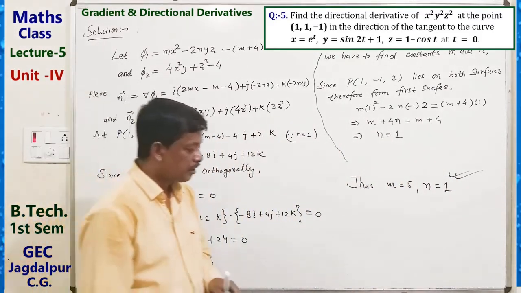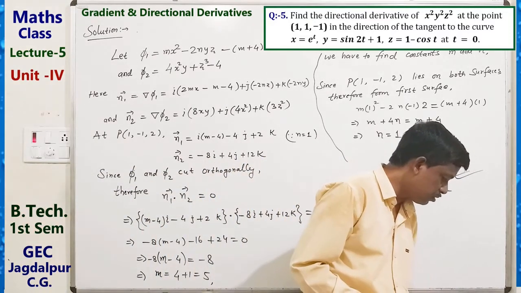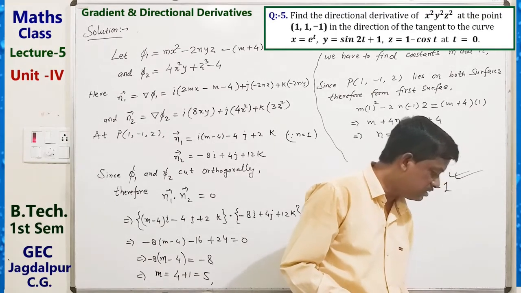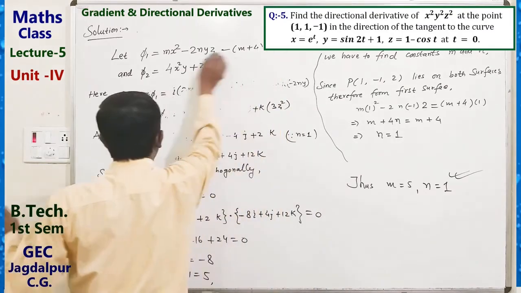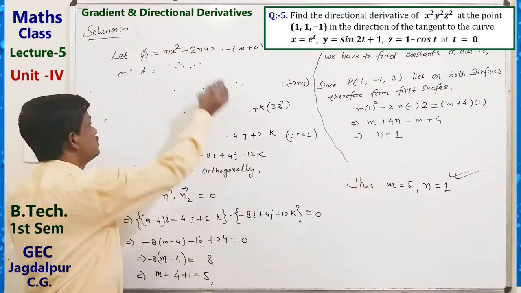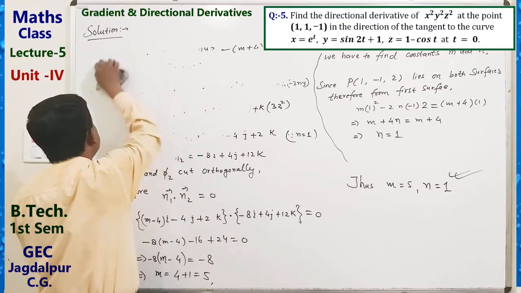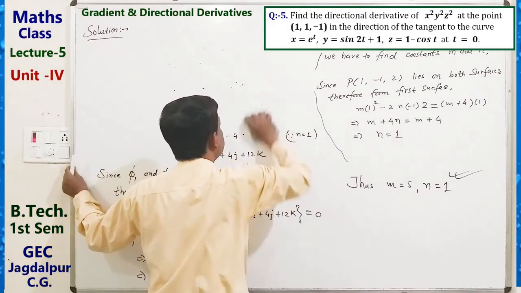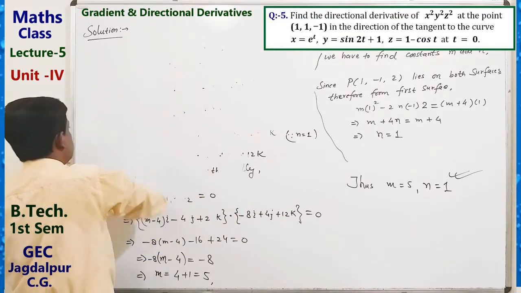Find the directional derivative of x square y square z square at the point 1, 1, minus 1 in the direction of the tangent to the curve. In the direction of the tangent, what is tangent? We know tangent line dr. So here curve is given in the parametric form, that is here t. The values of x, y, z depend on t. So tangent vector will be dr by dt.